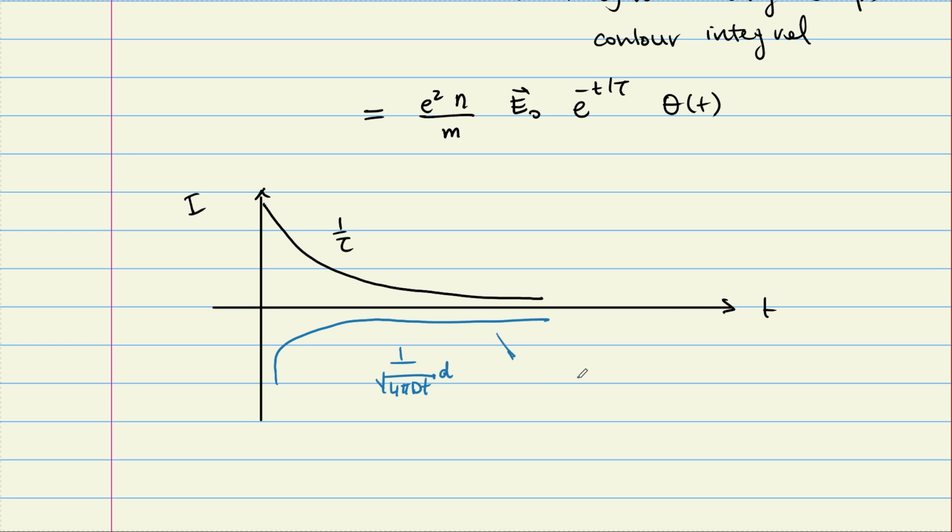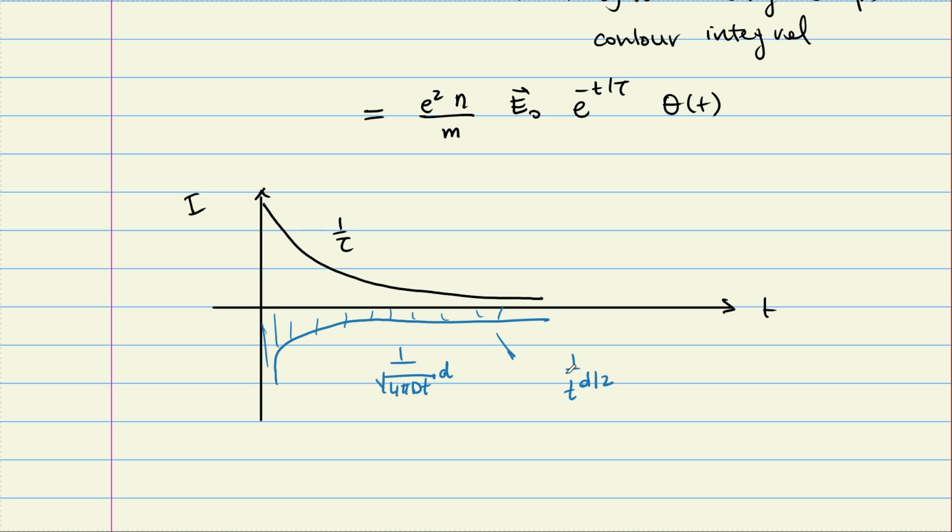So this current is proportional to 1 over t to the power d over 2. I'm just writing this. This one is exponentially decaying. This one is power-law decay. And at long times, if you integrate over all these possible times, this is going to diverge, and there will be an enhanced probability to return.